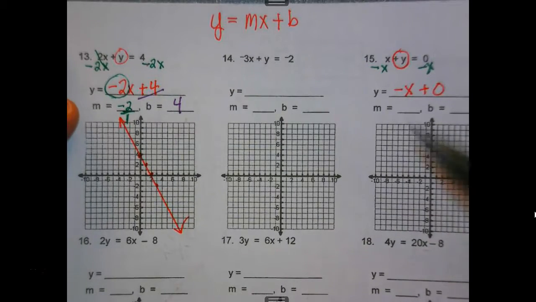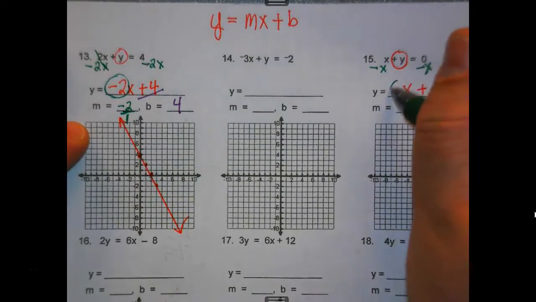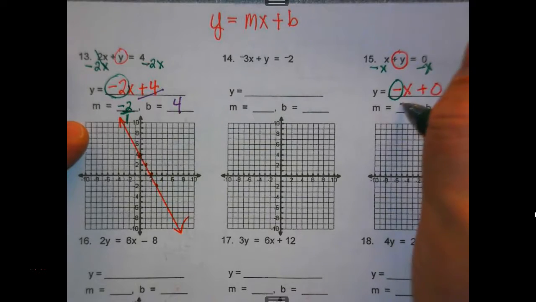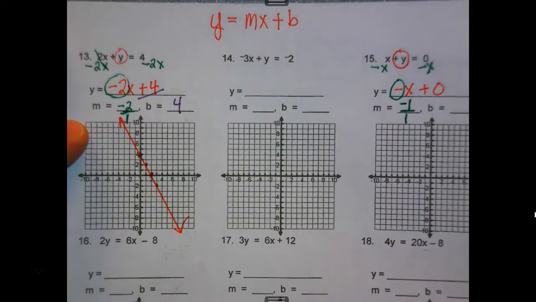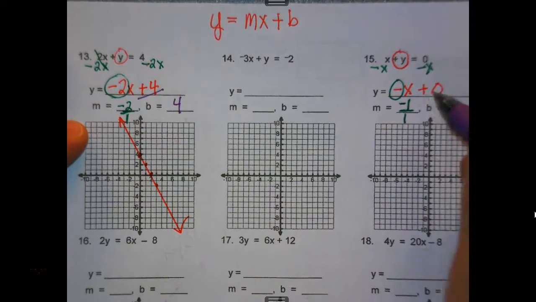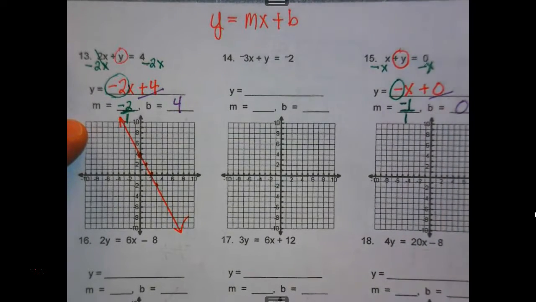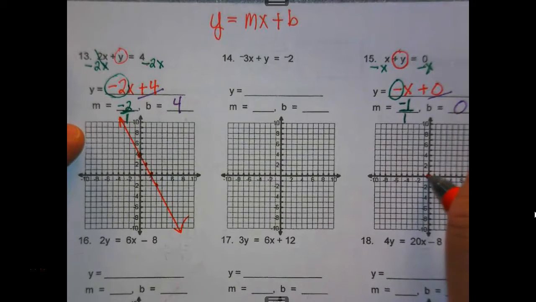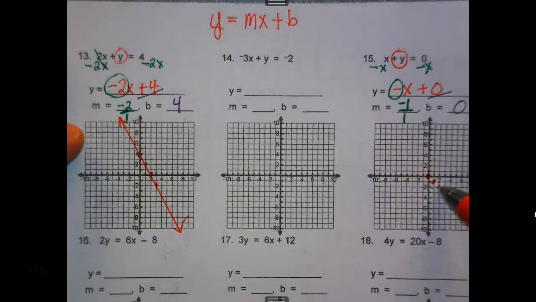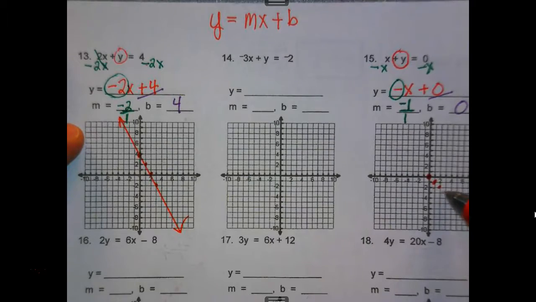My slope, coefficient of x, which is negative 1, put that over 1. My y-intercept is 0. So start at y equals 0, down 1 to the right 1.